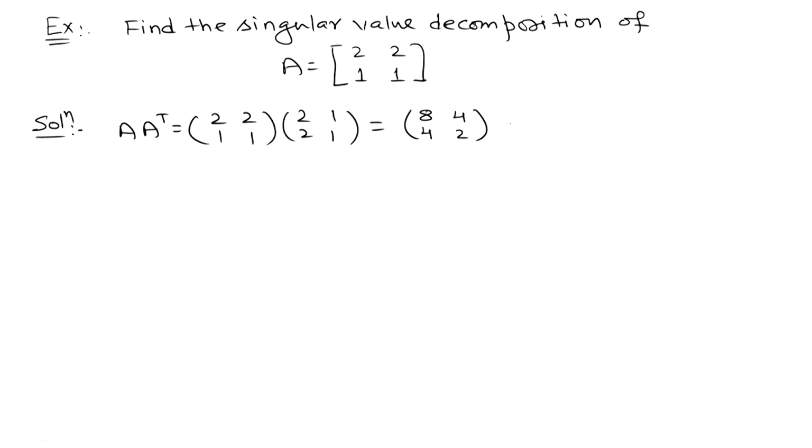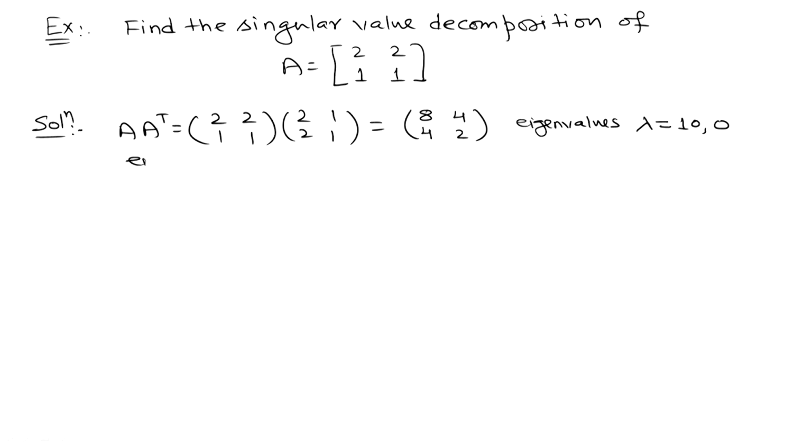So, the eigenvalues of this A into A transpose will come from (lambda minus 8) into (lambda minus 2) minus 16 equals 0. So, lambda equals 10 and 0.